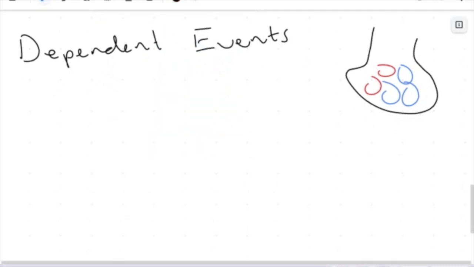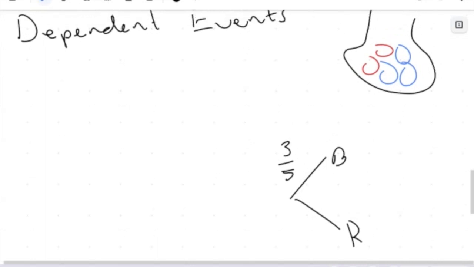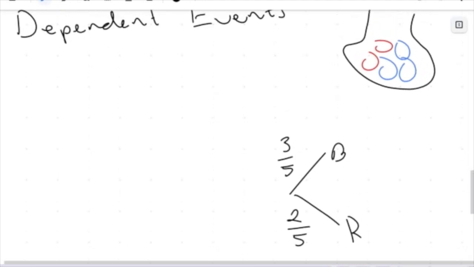We said, okay, the probability of getting a blue one is 3 over 5, because I have 3 balls out of a total 5 in the bag. And 2 out of those 5 are going to be red.